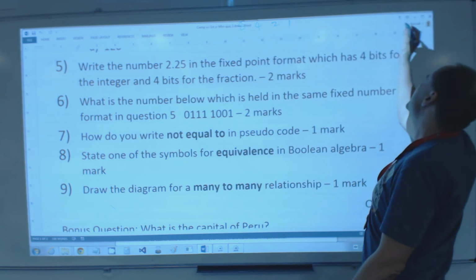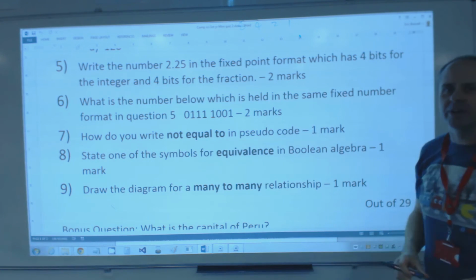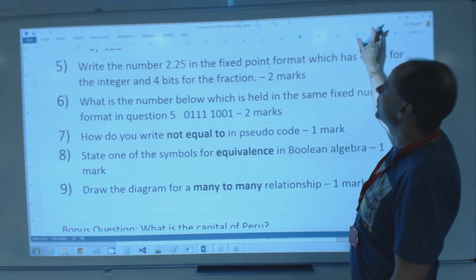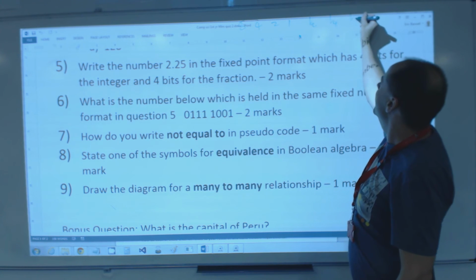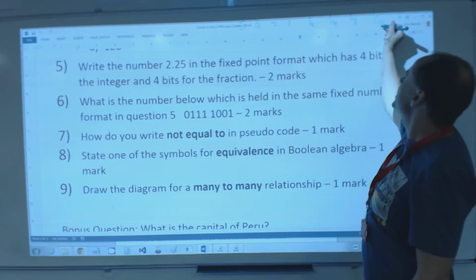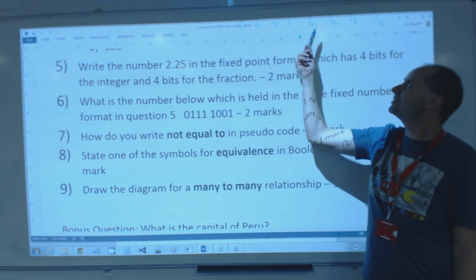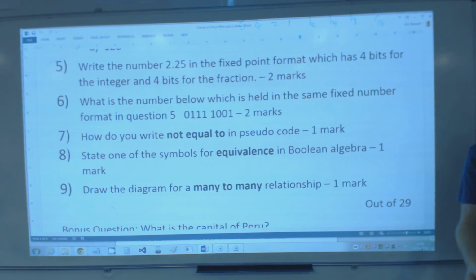But as we go this way, the binary point's going to go there. Don't ever call it a decimal point because it's not, it's a binary point. And then we just get half smaller. So we have half, quarter, eighth, sixteenth. That's all you do. Whenever you move right, you divide by 2 each time. So all we're doing is extending that.